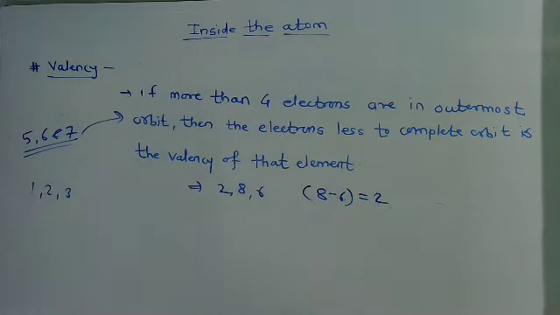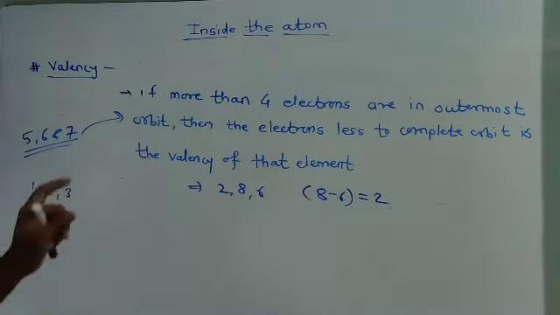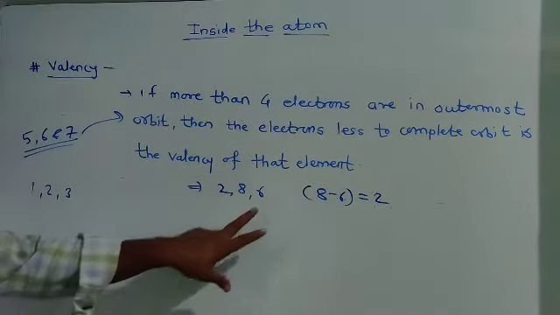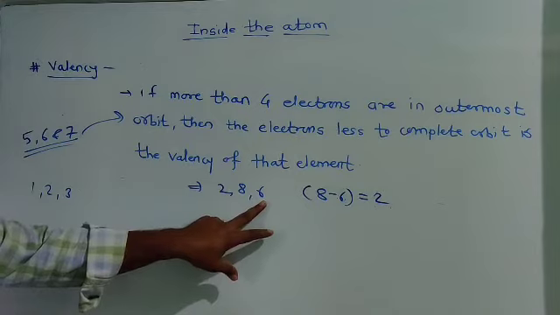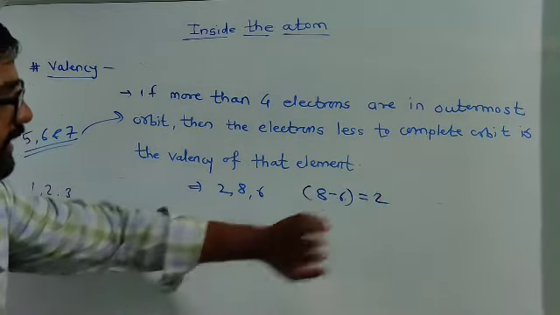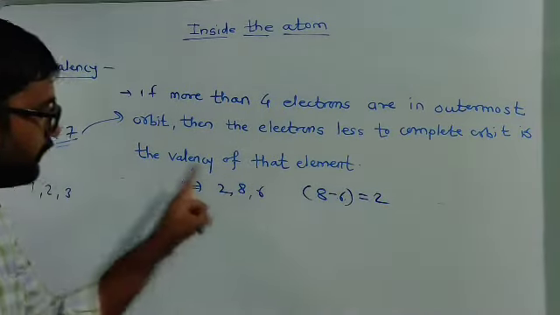We have to see that now. So remember this rule: if an element has more than 4 electrons in the outermost orbit, then the number of electrons less to complete the orbit is the valency of that element. With 6 electrons in the outermost orbit, 8 minus 6, 2 electrons are still required to complete the octet, so 2 is the valency.